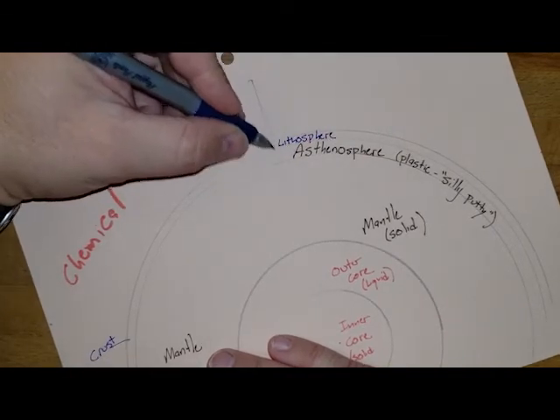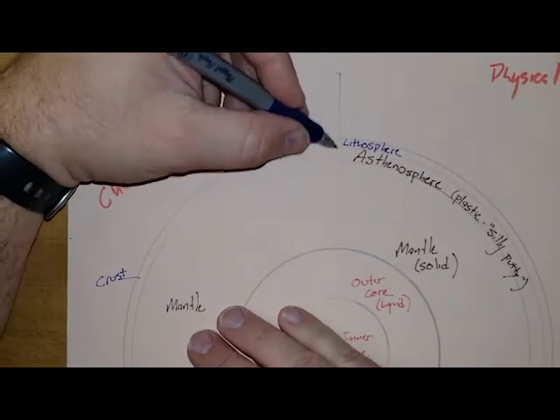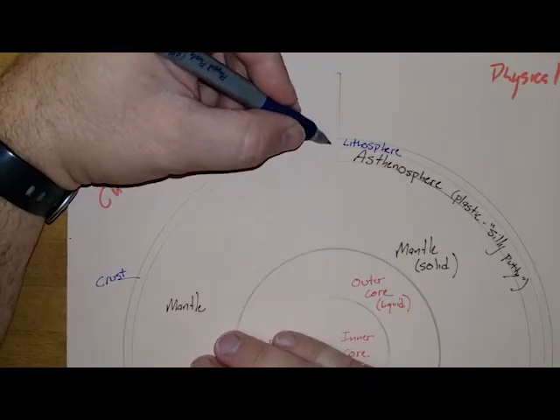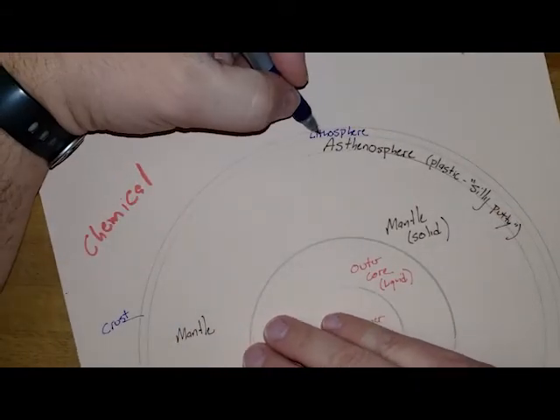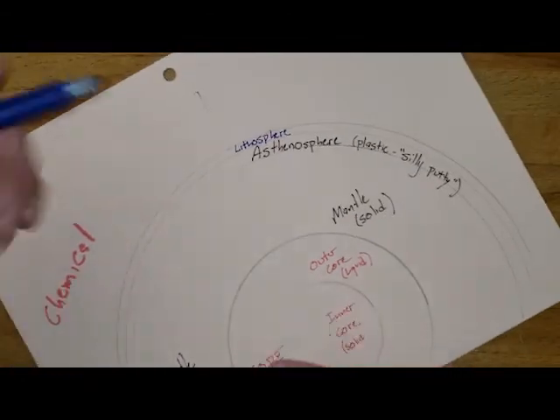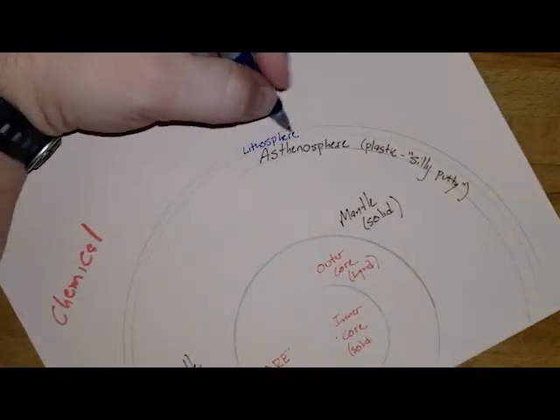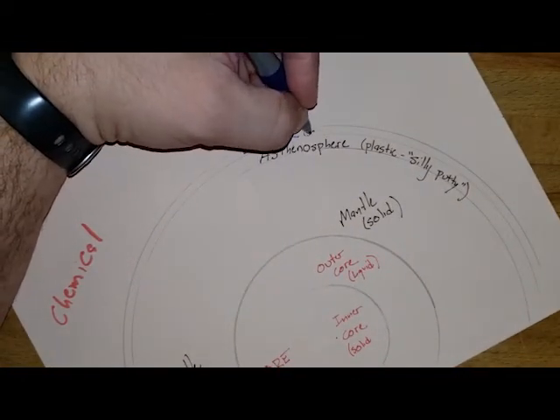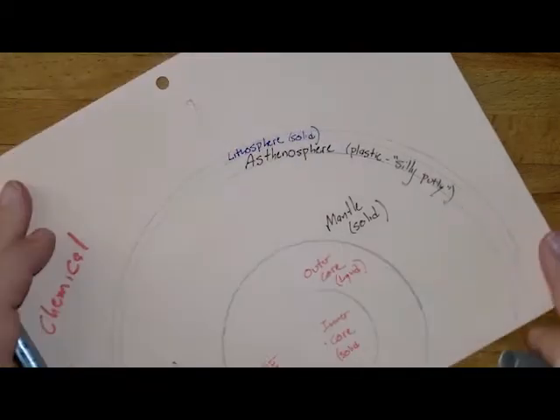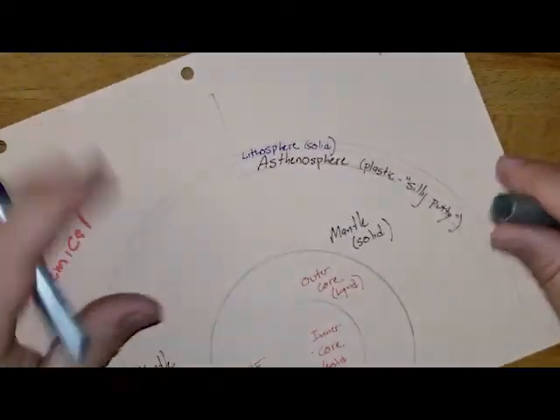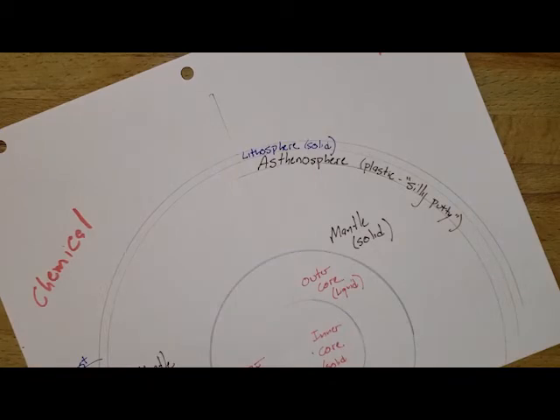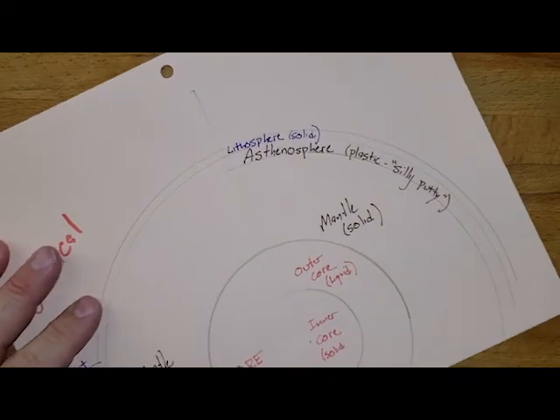Now, it gets kind of messy right in through here: the borderline between the crust and the mantle versus the borderline between the lithosphere and the asthenosphere. Obviously, we stand on the lithosphere, so it's going to be a solid. That lithosphere consists of two different types of plates, which might sound familiar.